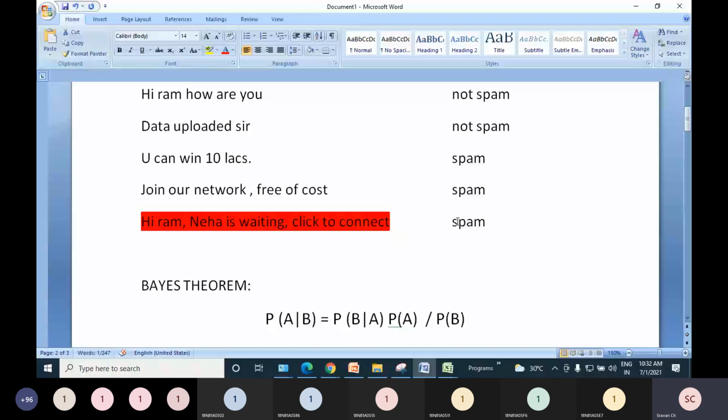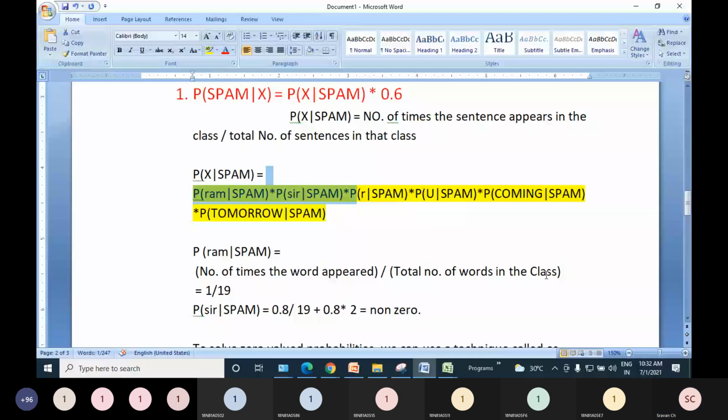For six words, individual conditional probabilities are computed, and these individual conditional probabilities are multiplied. When I get the product, which is equal to P of x by spam, that will be substituted here. Then I will come to know P of spam by x, means for a given x, the probability that it is spam.